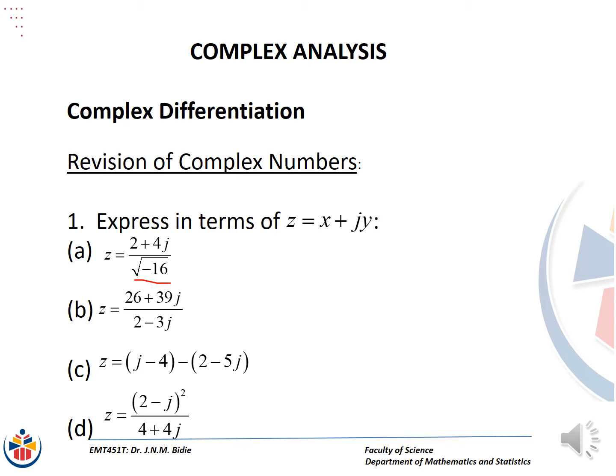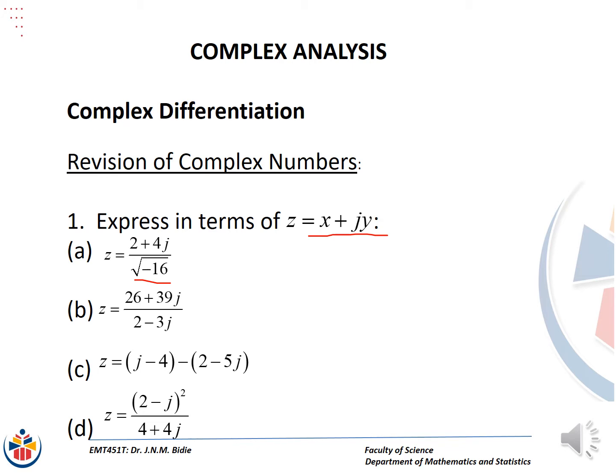In order for us to write in the format that has been given to us, we have to get rid of j in the denominator. So we multiply by j over j and then simplify, and we get the required result.